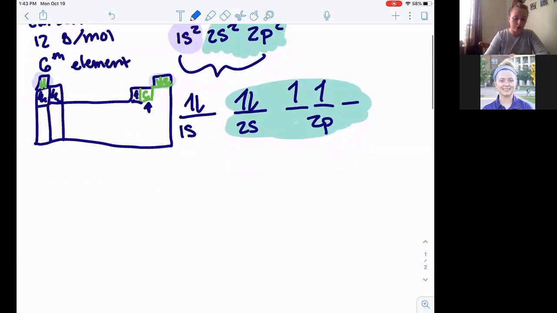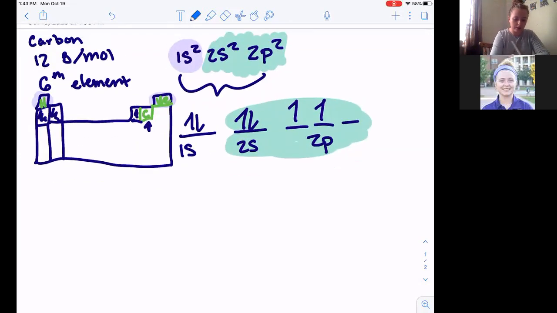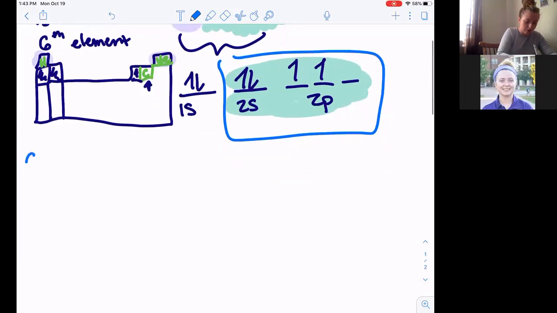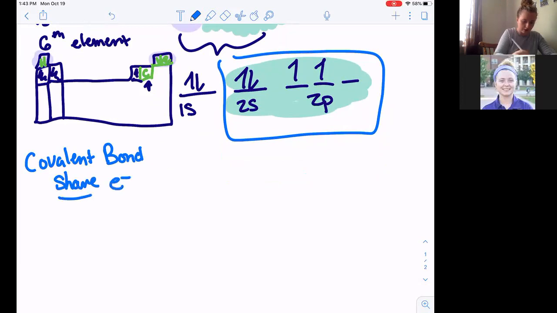So if we look at how it's set up right now, to have a covalent bond, there has to be a sharing of electrons. Covalent bonds share electrons.